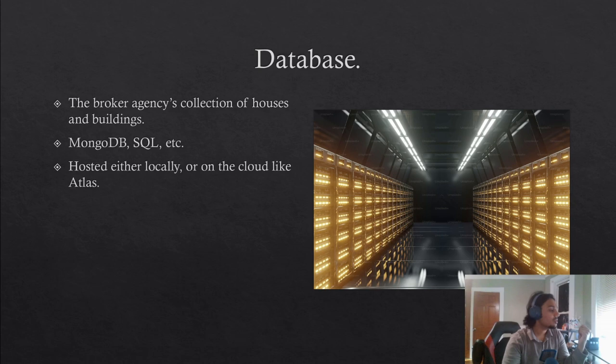We used MongoDB for our project, but you can use SQL, and there are other databases as well. You can host this locally, on your system, or on the cloud, like Atlas, which is something we used. We then hosted the website through a portal called Render.